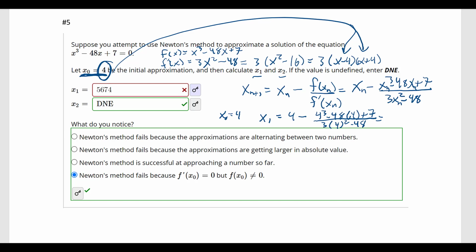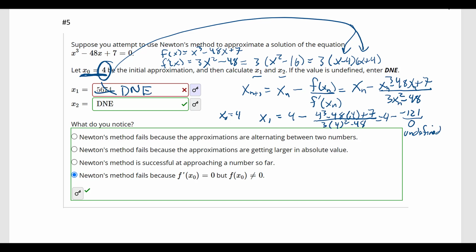You can play around with the numerator if you want, but I'm going to cut to the chase with the denominator. We get a numerator of negative 121, but our denominator is 3 times 16 minus 48. That is exactly 0, because 3 times 16 is 48. So this is undefined, and this answer should be does not exist.